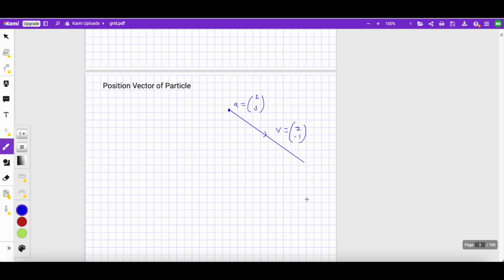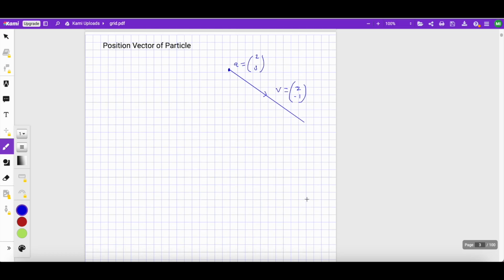Now the last part to this, before we look at the exam example, is the position vector of a particle. A position vector of a particle basically wants you to find out where the particle is at any given time.